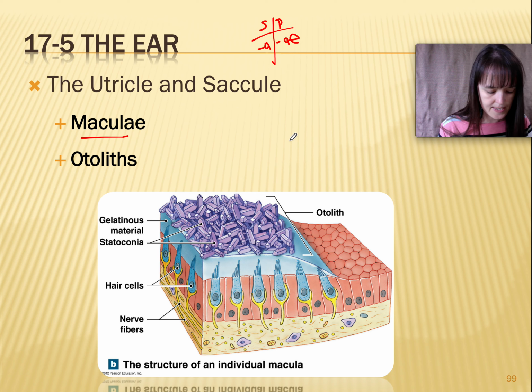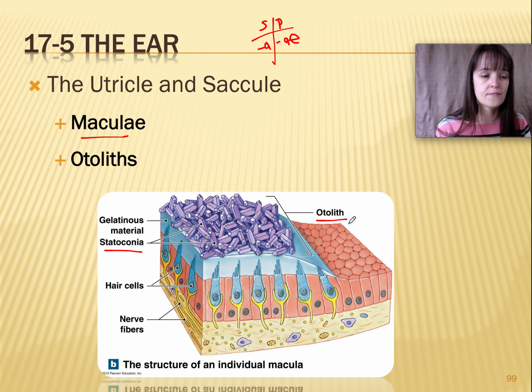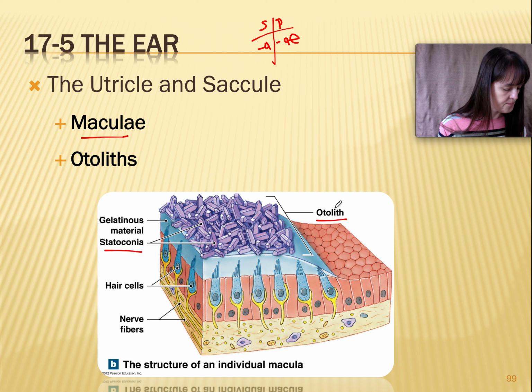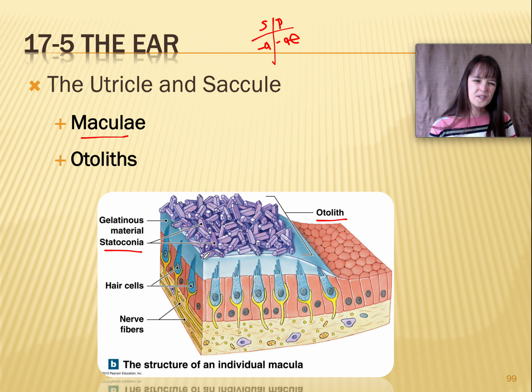The gelatinous masses covered in calcium carbonate crystals are called statoconia. They've changed between versions of the book exactly what statoconia and otolith mean. Otolith used to be, anyway, the term for the forming of the otoliths, and otolith means ear stones.